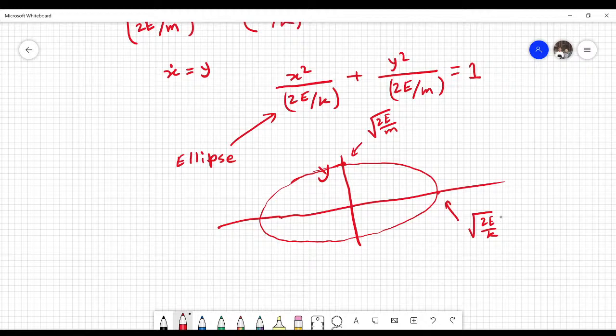So now what happens is, when you start with a maximum initial position, let me draw it a little bit carefully. So this should be like this.